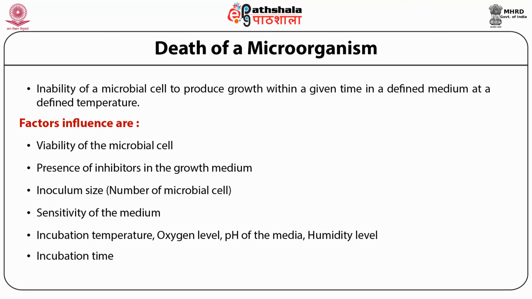Similarly, the pH of the media also influences the growth of bacteria and microbes. If pH is kept at 7.2, the bacteria grow faster, and at a lower pH, for example 5.5, the fungus or yeast grow better. Humidity level also plays an important role in microbial growth.